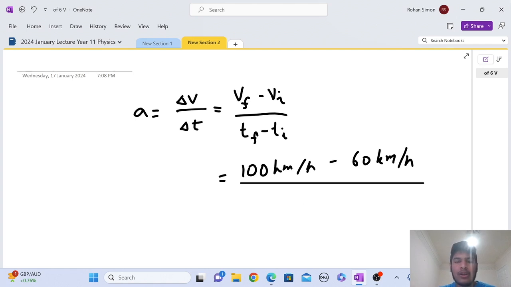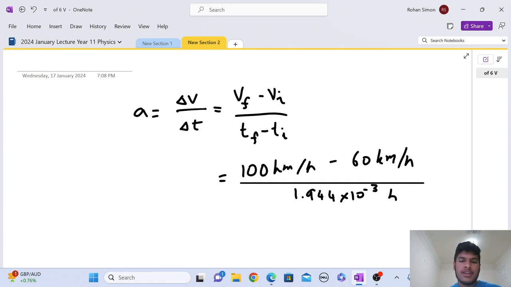To get the units right, we're going to have to convert from seconds to hours. So we're going to have 7 divided by 60 to give it in minutes, divided by 60 again to get it in hours. So 1.944 times 10 to the minus 3 hours.